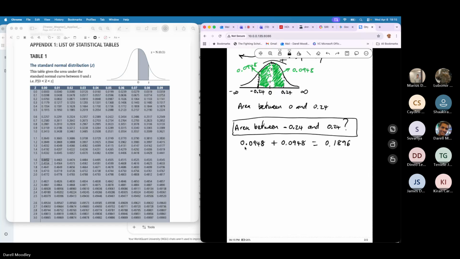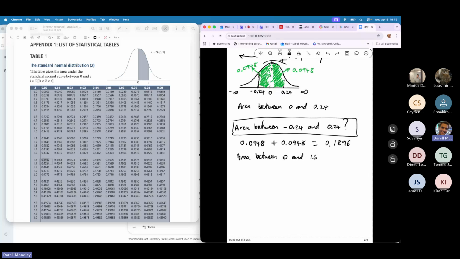Very good. Okay, now everything I've done so far, I've basically asked you about area, and it seems like you understand that concept. And that's very good, because what you've been doing all this time is finding probabilities. The first question I showed you asked for the area between 0 and 1.6.